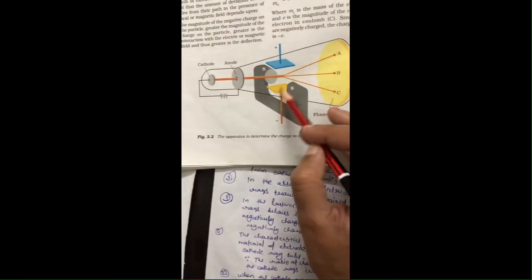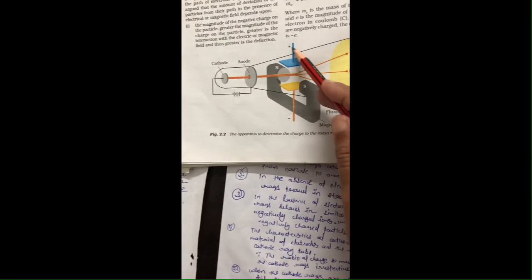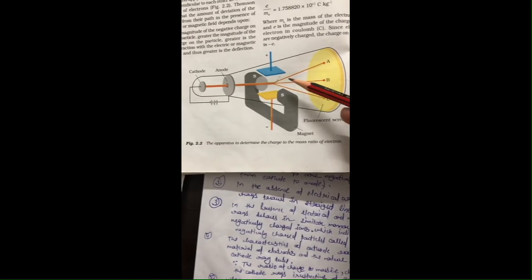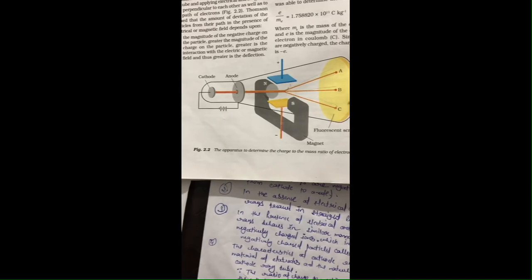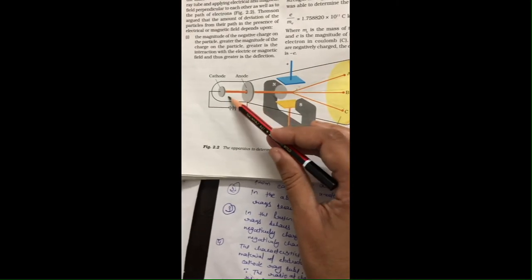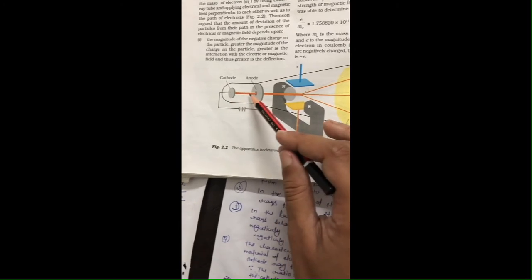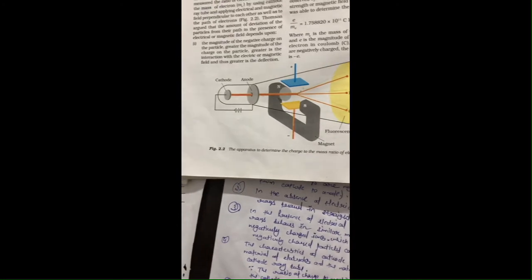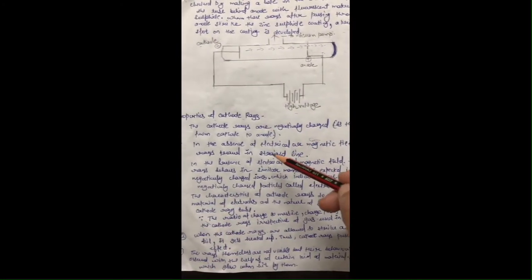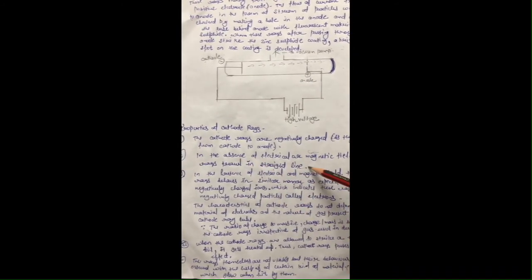At the point where we have applied a magnetic field or electric charges, there is a deflection in the path of the rays. But before applying any field, you can see that the path followed by the ray is absolutely straight. Clear?